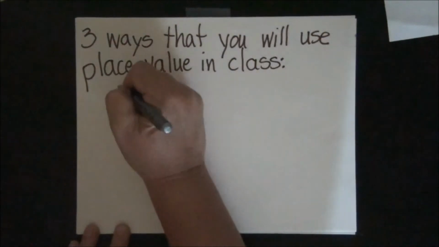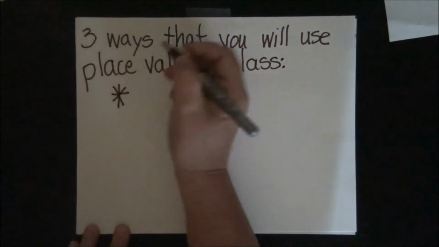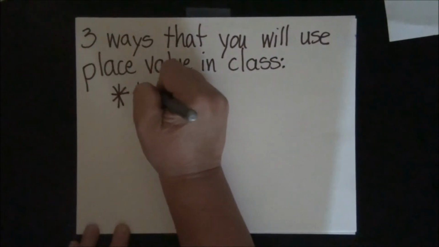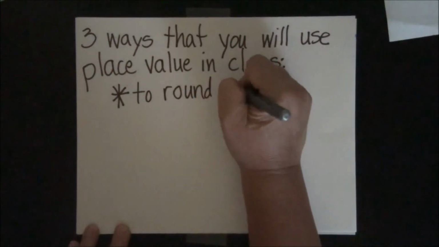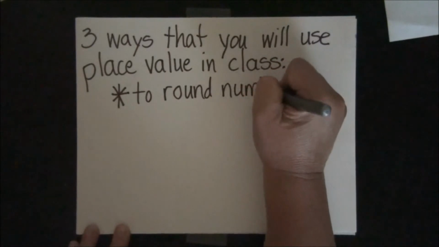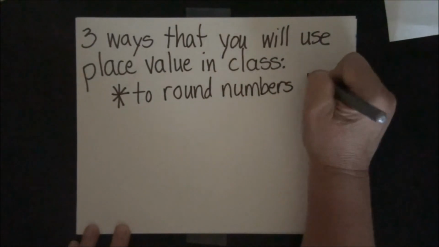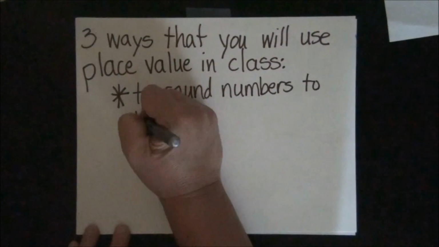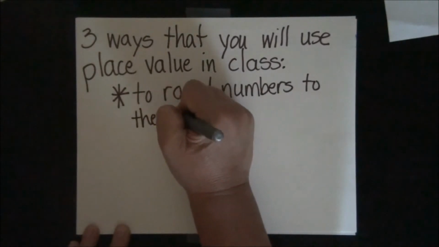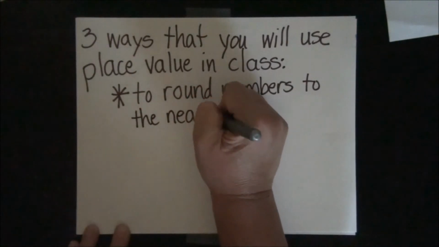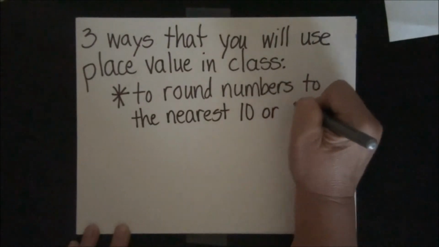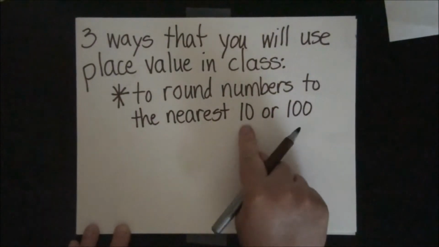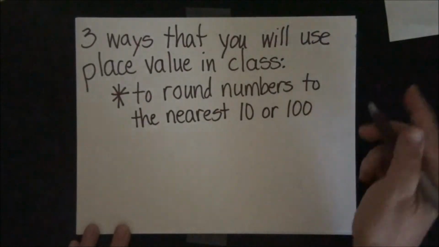Okay, the first way is to round numbers to the nearest 10 or 100. So you need to know your tens place and your hundreds place for rounding.